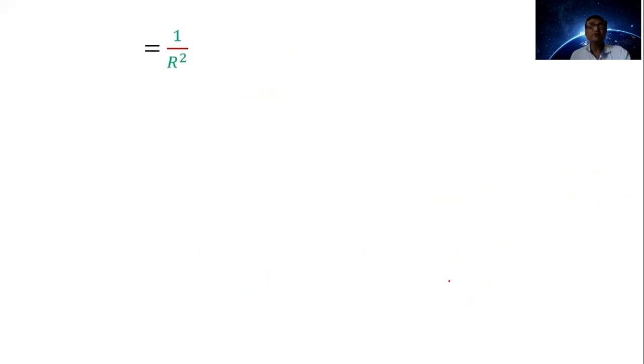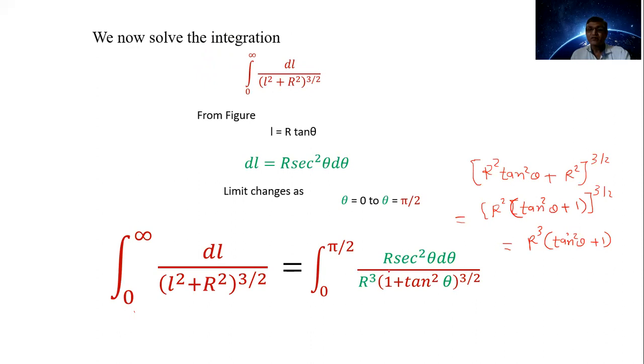Further, that is equal to 1 upon r square integral of cos square theta raised to 3 by 2 sec square theta upon [sin square theta plus cos square theta] bracket raised to 3 by 2. We just modified these statements. Here, one of the r gets cancelled, and we get 1 upon r square.